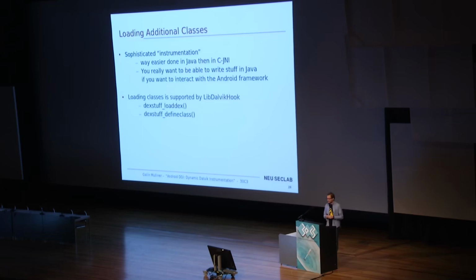So I added a small functionality which loads an additional class into the process. All this functionality was already available in the DVM, and I just added some nice wrappers around it.